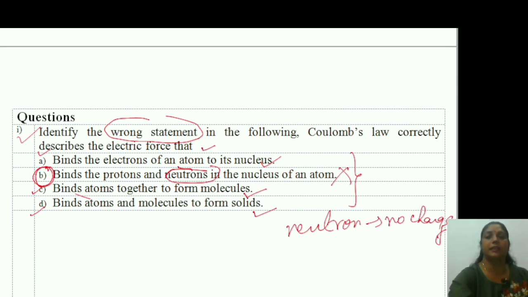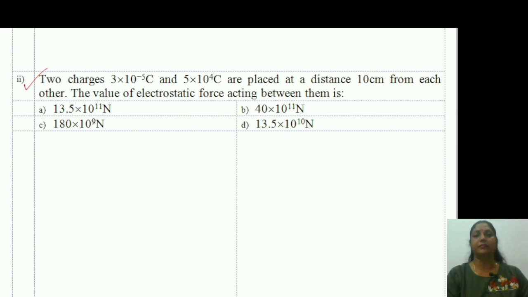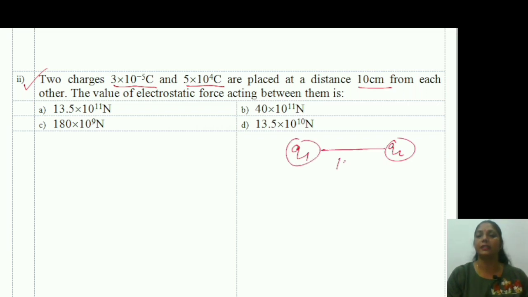Now second question. Two charges, 3 into 10 to the power minus 5 Coulomb and 5 into 10 to the power 4 Coulomb, are placed at a distance of 10 centimeter from each other. There are two charges Q1 and Q2 and both are kept at a distance of 10 centimeter.